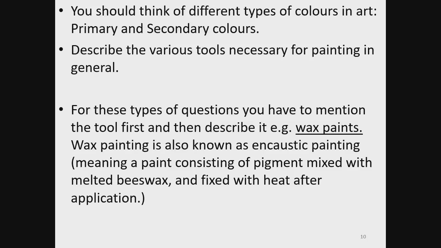For those types of questions, you have to mention the tool first and then describe it. Let's take, for instance, wax paints. Wax painting is also known as encaustic painting, meaning a paint consisting of pigment mixed with melted beeswax and fixed with heat after application.